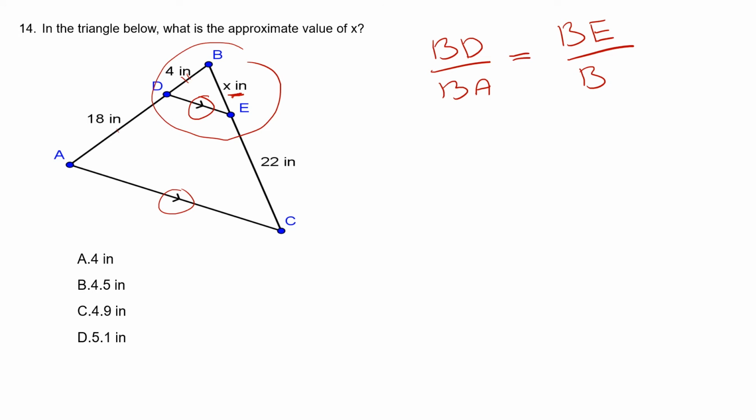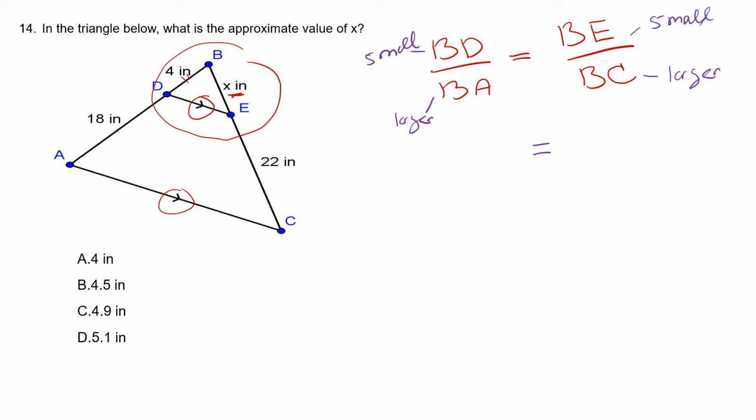So I'm setting up proportions from the smaller triangle and the larger triangle. So BD again is my small and BA is my larger triangle. So at the top, BE again small, so make sure same position, and then BC, which is from that larger triangle.